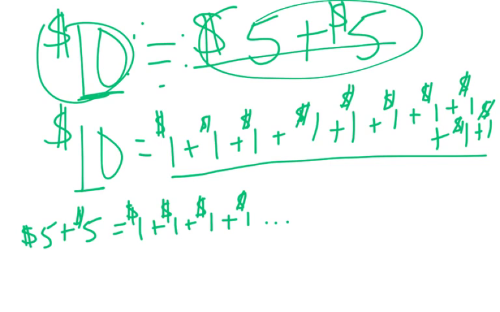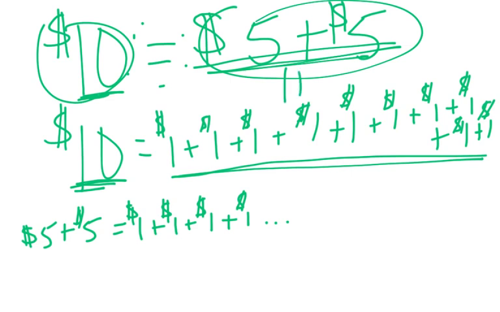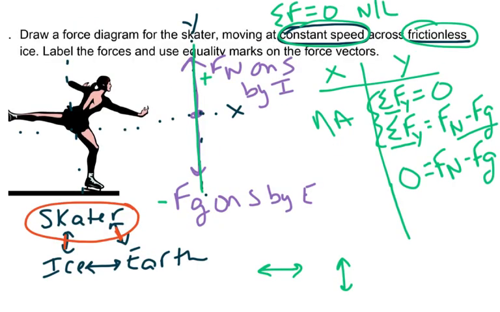So if this is equal to that side, but it's also equal to this, then that makes these two equal to each other, which is exactly what I did here with these forces. Now I can add my gravitational force to both sides. And so for the ice skater, my gravitational force is equal to my normal force.